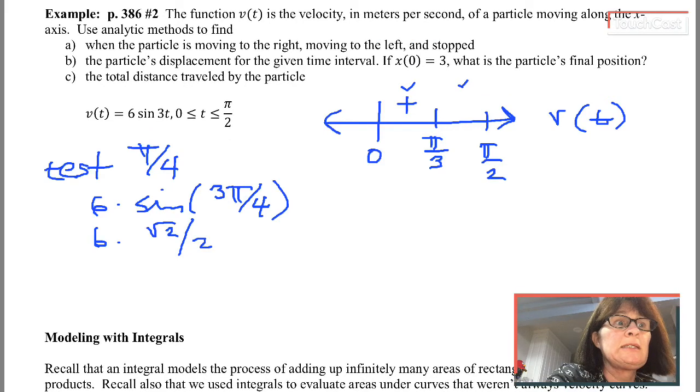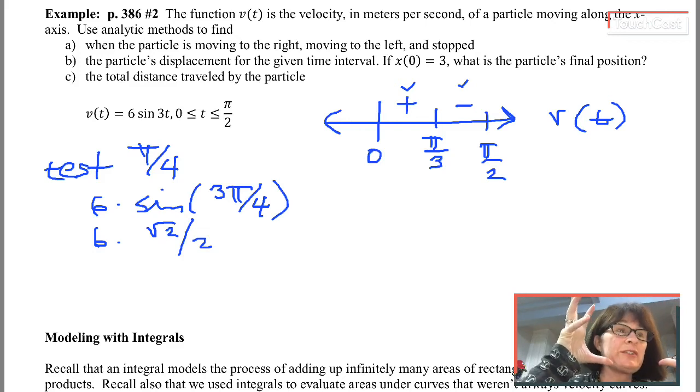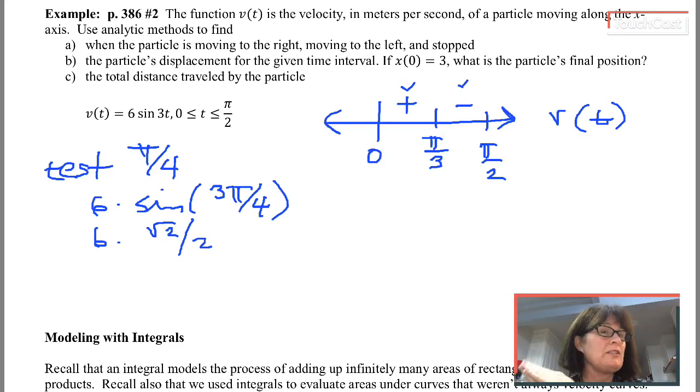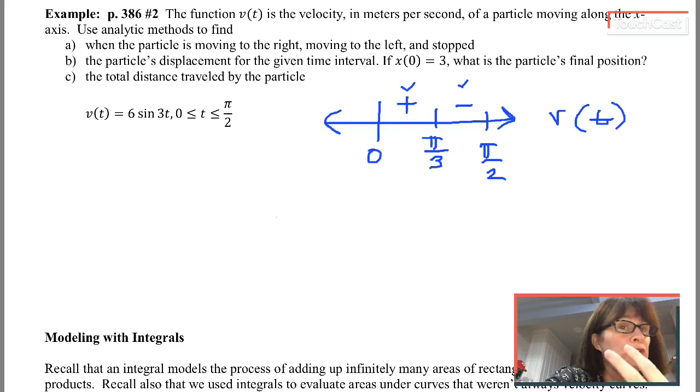And since sine changes sign at pi, sine of 3t is going to change sign at pi over 3. So this section here is going to be negative. So now I know 6 times the sine of 3t will be positive between 0 and pi over 3, and will be negative between pi over 3 and pi over 2. All right, so now question B has 2 parts.